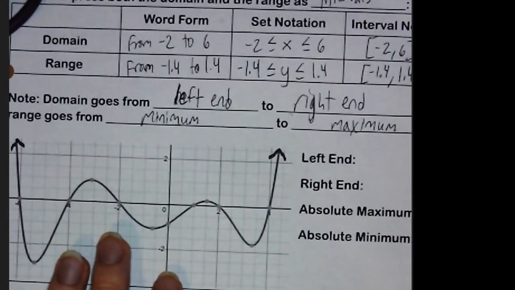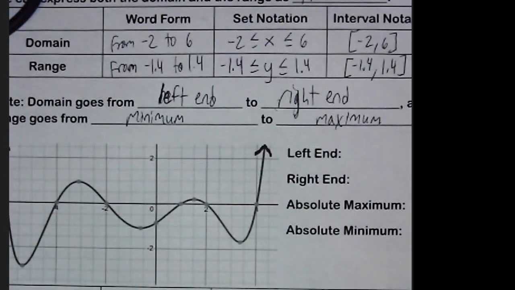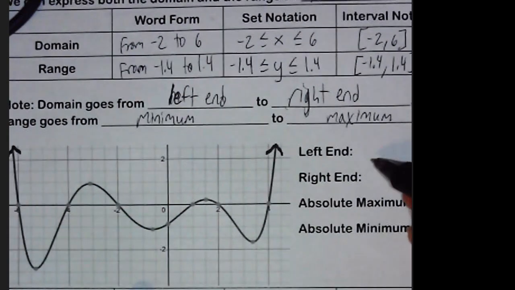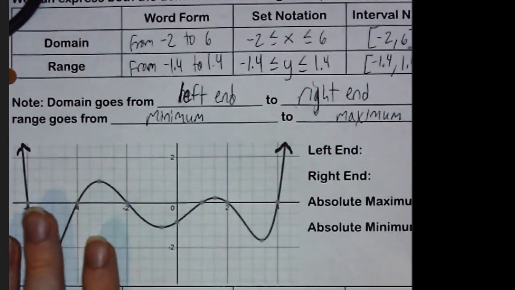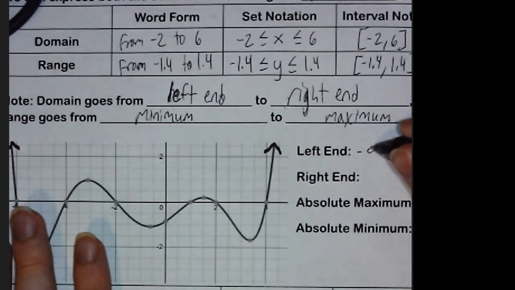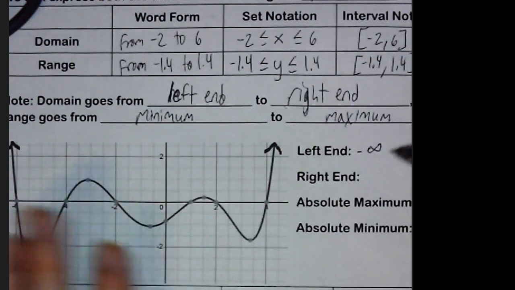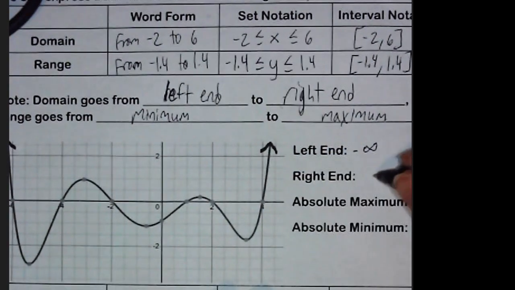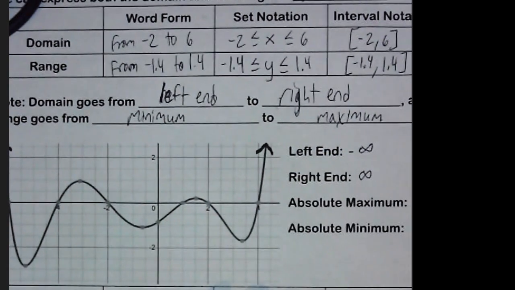And that does hold true right here. So let's look at this function here. The left end doesn't really exist, so the left end is going to be -infinity. The right end doesn't really exist. The right end is +infinity.